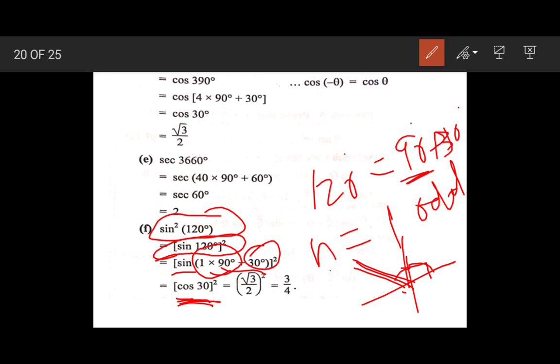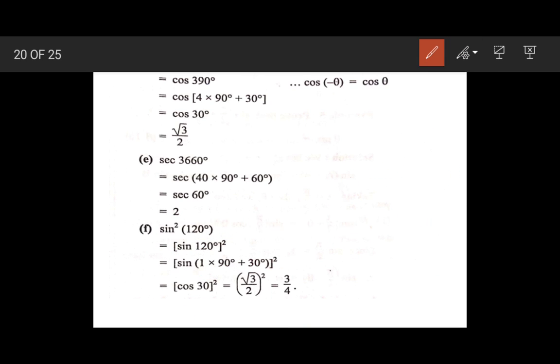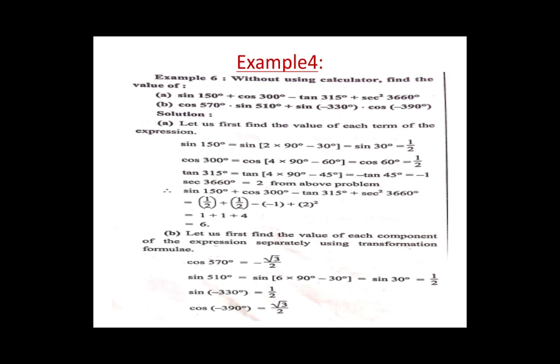But we are taking the whole square, so after squaring it will convert into positive. So cos 30 degree is root 3 upon 2, root 3 upon 2 whole square, which is equal to 3 upon 4. Now let's see the next type of question.